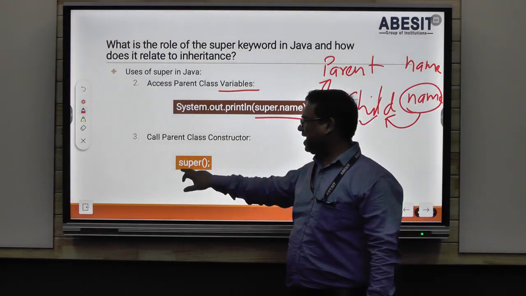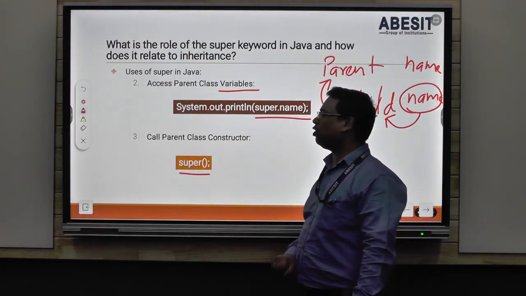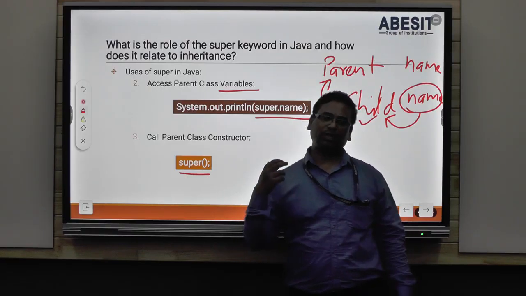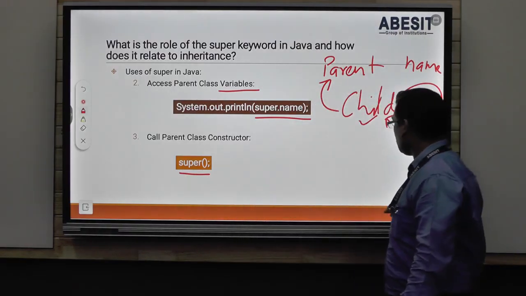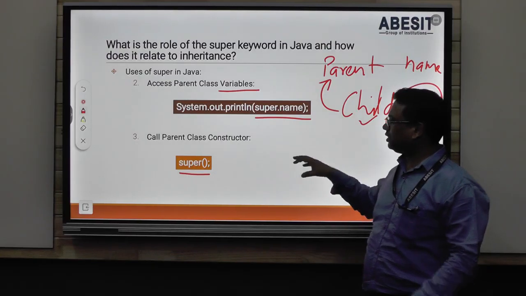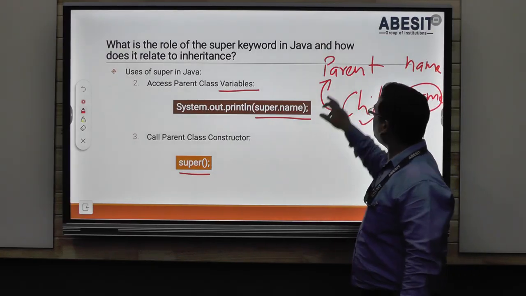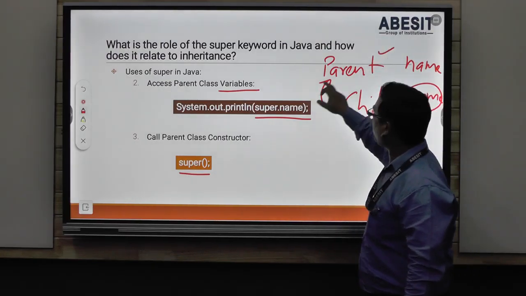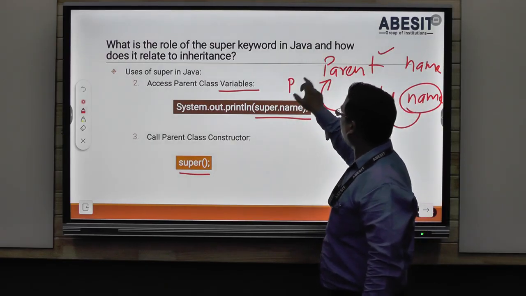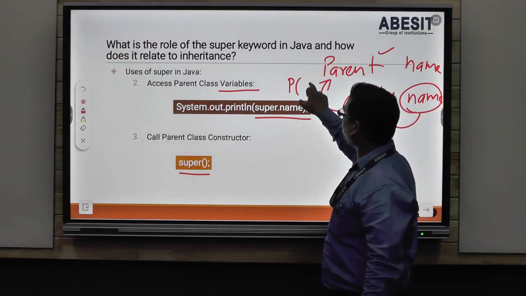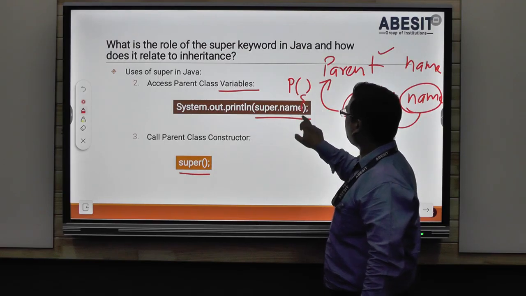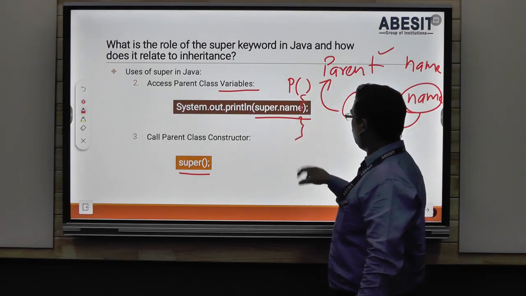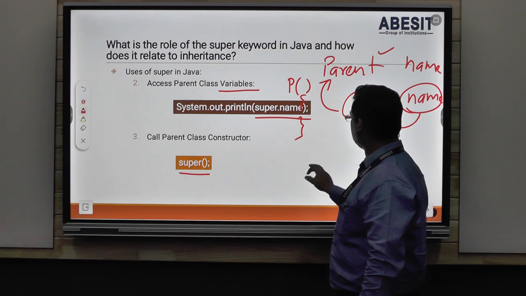A child class can also access the constructor of its parent, or you can say super class. But here is a restriction. Say the parent class is named P, and there is a constructor of the parent class that you want to call in your child class.